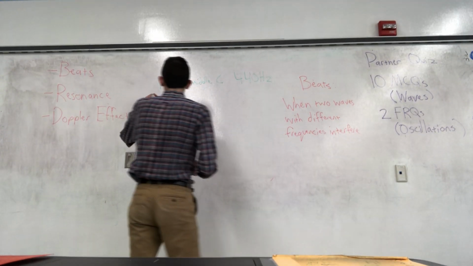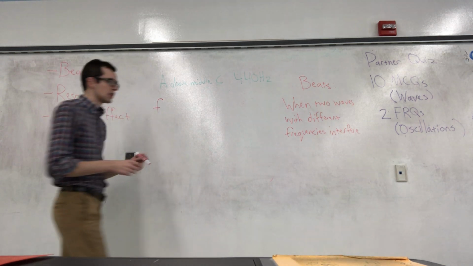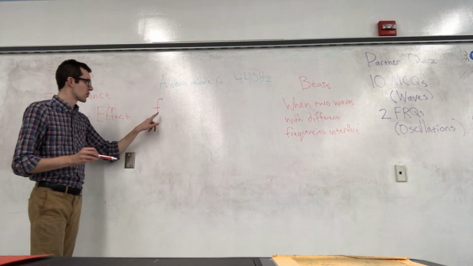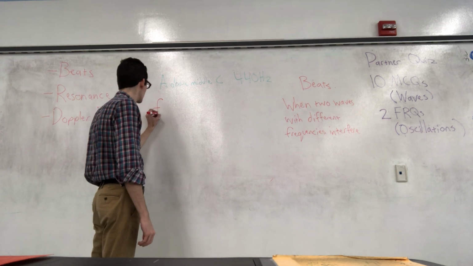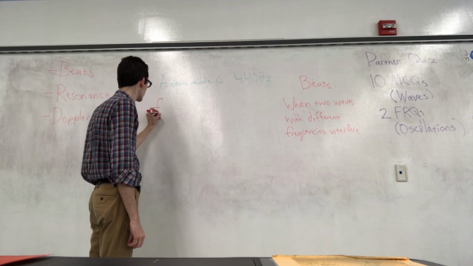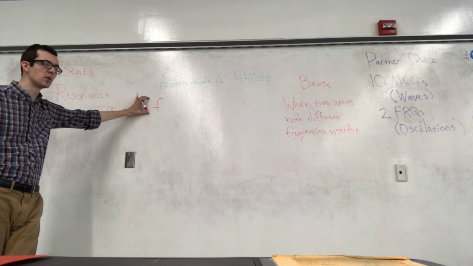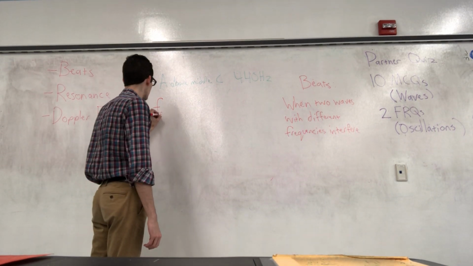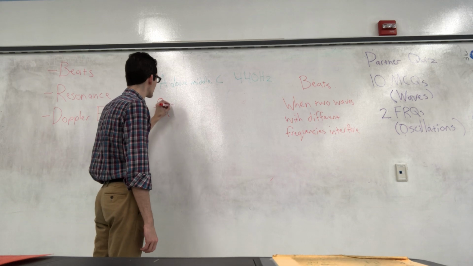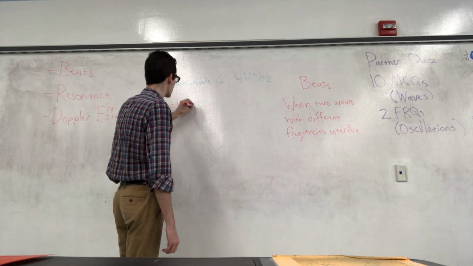This is the frequency that we would want to hit if we're tuning a piano. So we're going to use a tuning fork. If you use a tuning fork, the frequency of your tuning fork is exactly equal to 440 hertz.